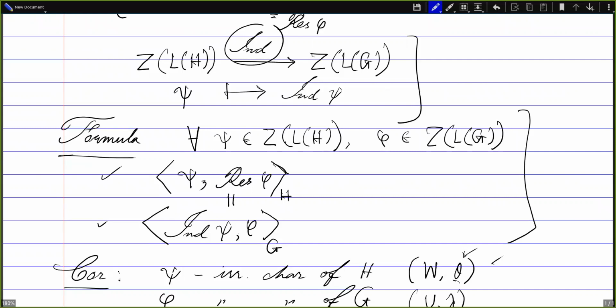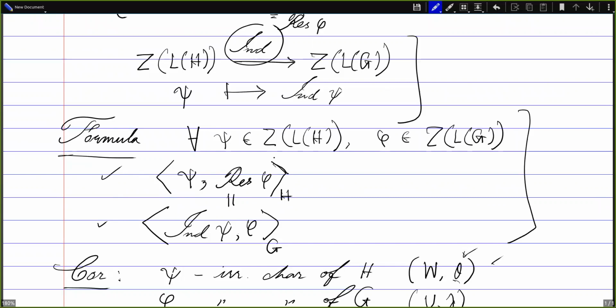And now, suppose we prove that this formula holds when psi and phi are irreducible, then from the linearity of the first variable and the conjugate linearity of the second variable, we obtain the formula for any two class functions.